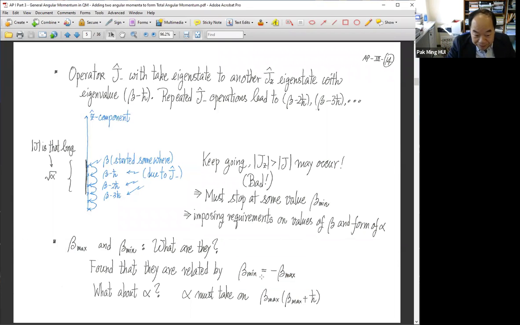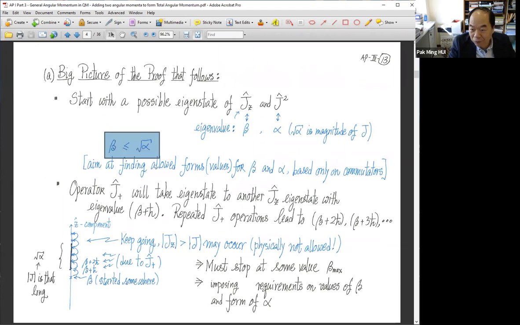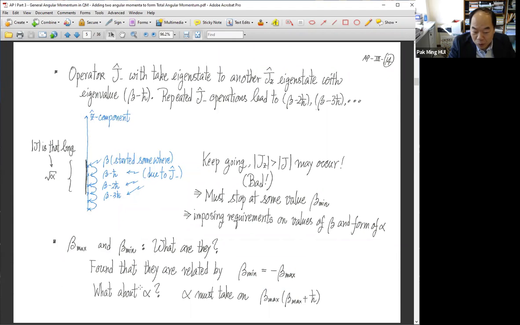With this, we can also ask for that criterion, what is the form of the magnitude square alpha? It turns out that it must take on this form. If you find the maximum, then this is the eigenvalue of the magnitude square. Now, it started to look familiar, right? L times L plus 1 h bar square.